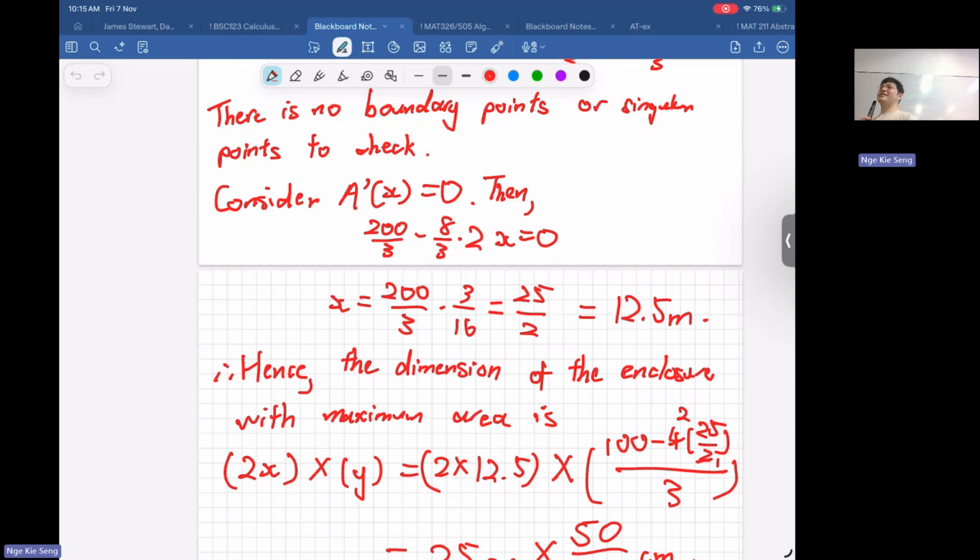What step did I miss? If you're a lecturer and you see this in the student exam, do I give full marks or not? You check the stationary point and then you deduce this is a maximum. You give full marks. What do I miss?